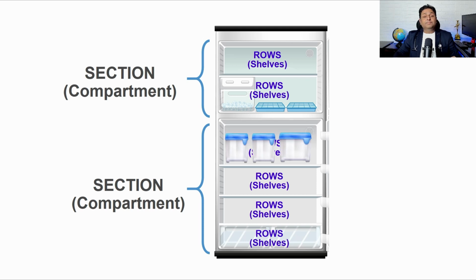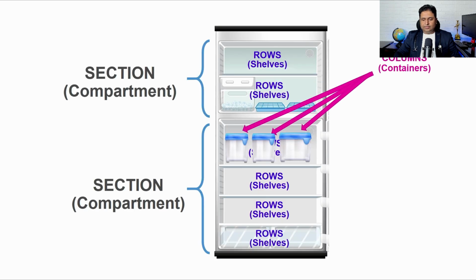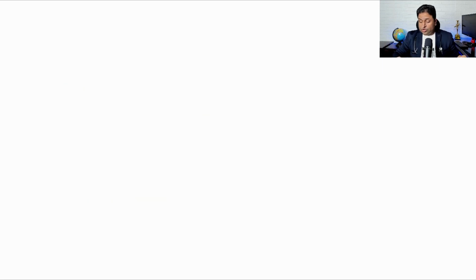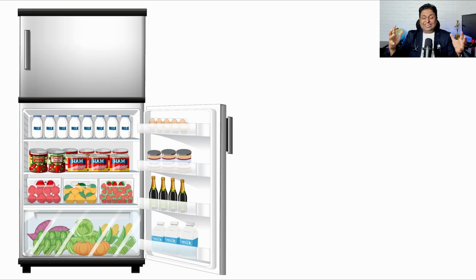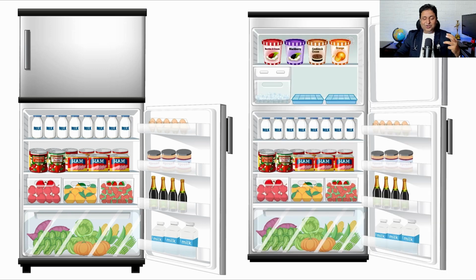Now coming to the containers. These containers are kept as per size, and again they are sizable. You can have small containers, big containers, where you can keep things as you want. Finally, once you keep everything in place, this is how it looks as a filled refrigerator.